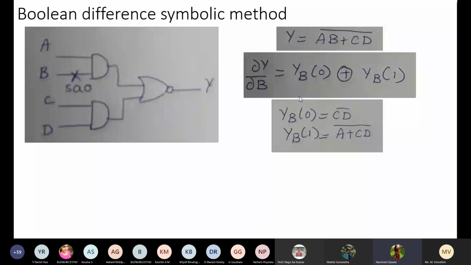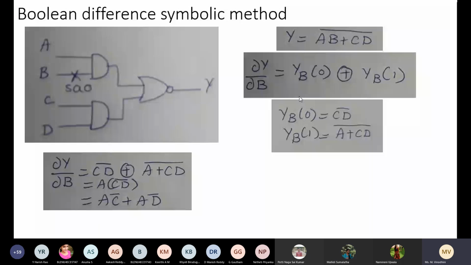AC bar plus AD bar. Yes, AC bar plus AD bar. So remember, dou Y by dou B should be in SOP form. So you will get dou Y by dou B as AC bar plus AD bar.